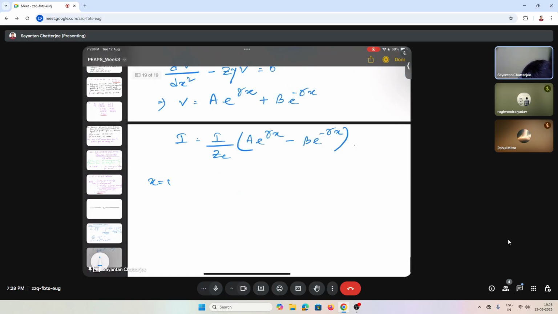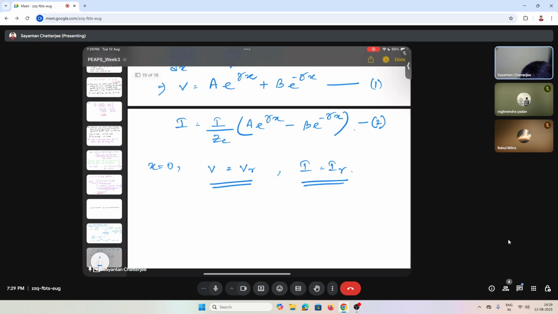So if these are the boundary conditions, if x becomes 0, in that case what will be the value of V? V will be the receiving end voltage and I will also be the receiving end current. So these are equation 1 and equation 2. Both are starting from the receiving end side, if we see. So at x equals 0, this is receiving end voltage and this is receiving end current.